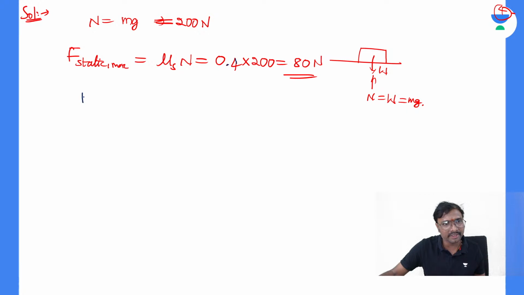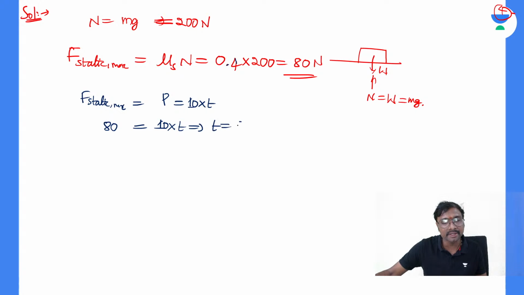So the maximum static friction equals P, which is 10 times t, in newtons. So 80 newtons equals 10 times t, and static friction will be dominating up to that point.